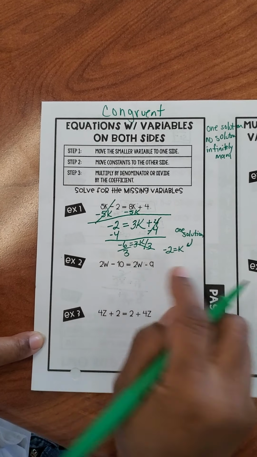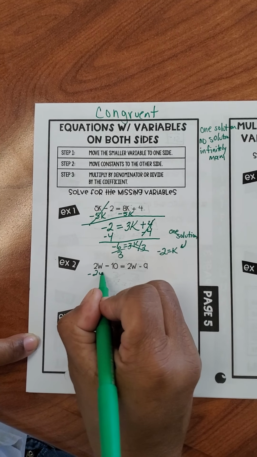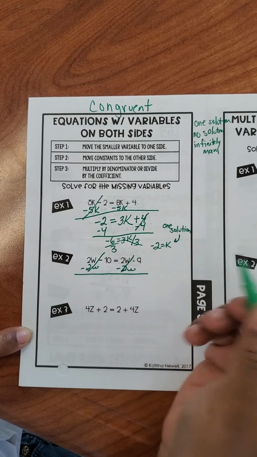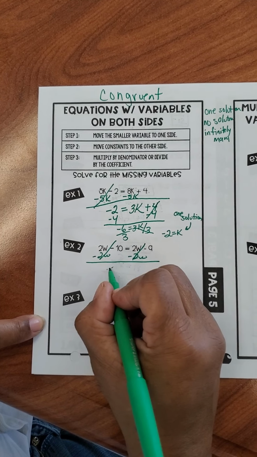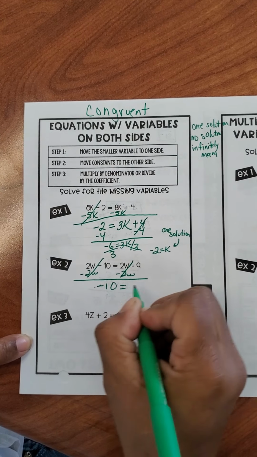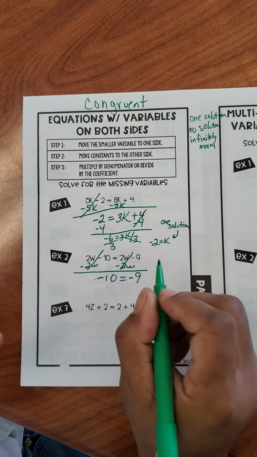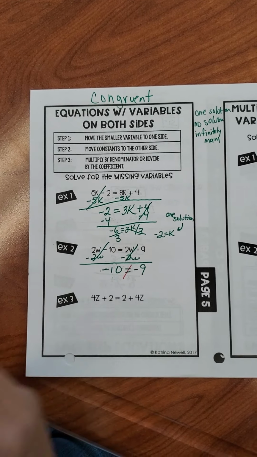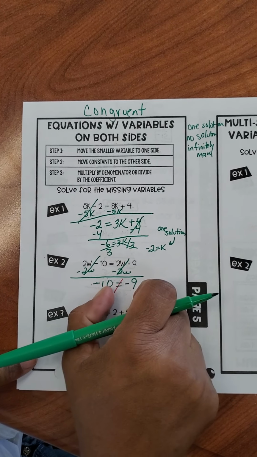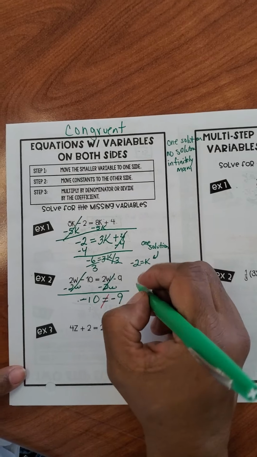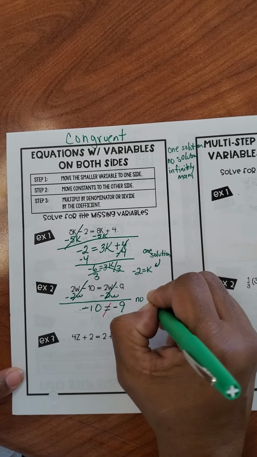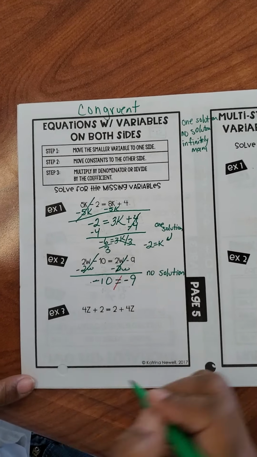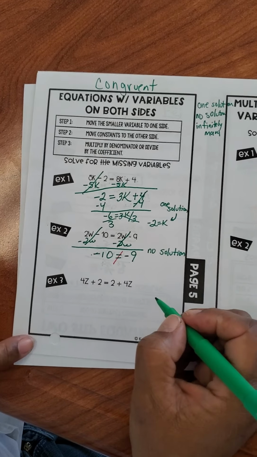Both of these are the same, so I'm going to have to subtract 2w from both sides. They're going to cancel out, leaving me with -10 is equal to -9. That is not true. So when they're not equal or have a balance, that's no solution. Okay. Now let's go to example 3.